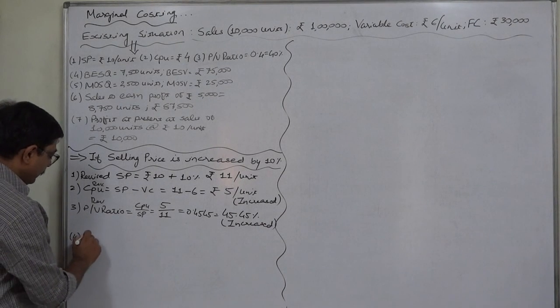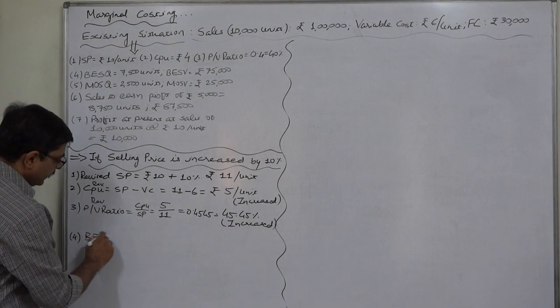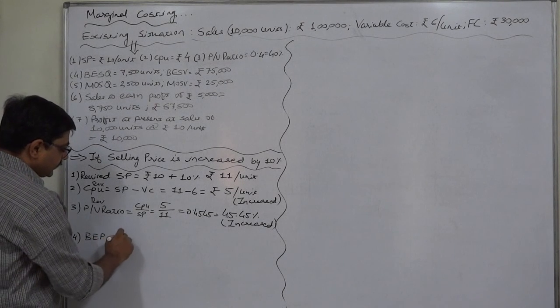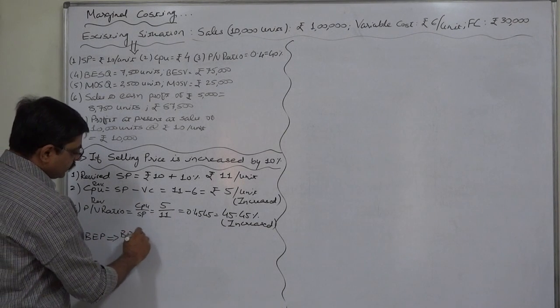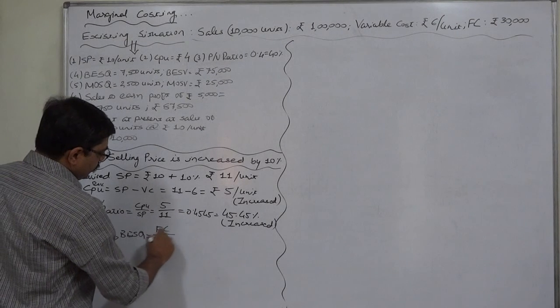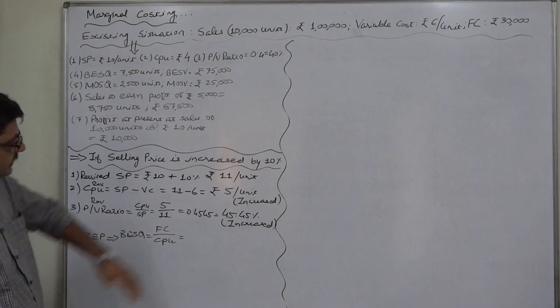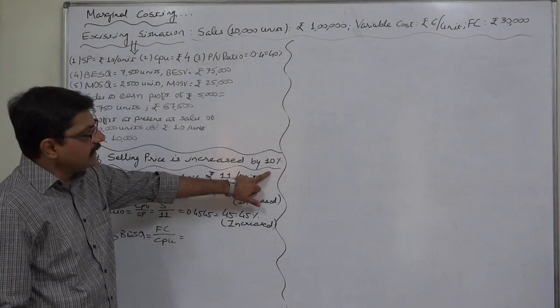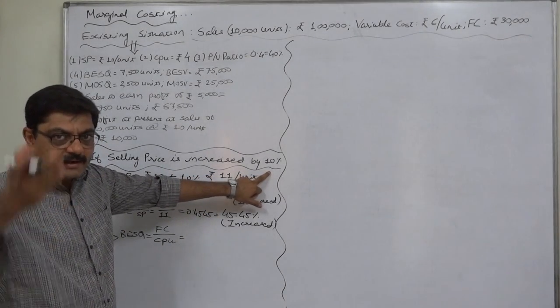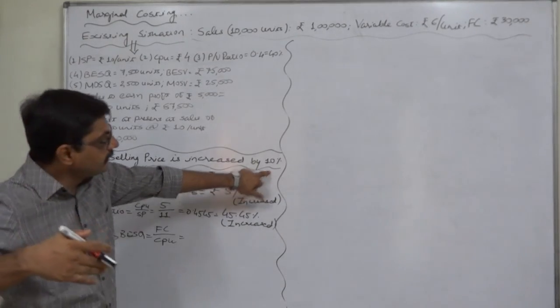Now BEP. First we are going to calculate the break-even sales quantity, which will be fixed cost upon contribution per unit. There is a change in selling price only, as our decision making or internal factor.